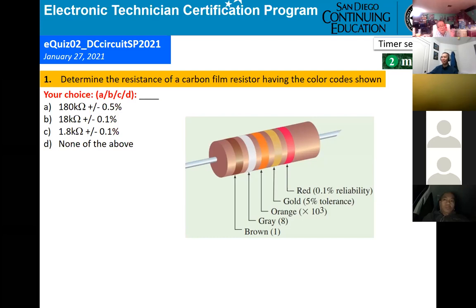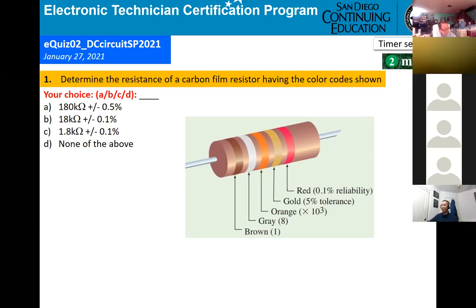You can enable your file and circle A or B or C or D. If you don't know anything, select D. What was that? Select B. Well, I gave away the answer. Sorry.